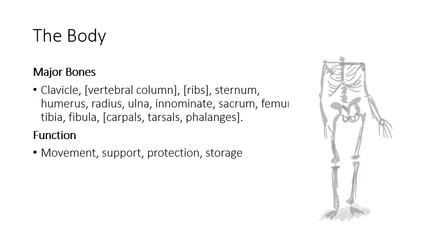The sternum, that's going to be more important. Humerus, radius, ulna, innominate bones, the sacrum, the femur, the tibia, fibula, where the carpals, tarsals, phalanges, and metatarsals and metacarpals are. As for function, again, this is pretty obvious: movement and support, protection, and also storage of really important stuff in our bones, for example, minerals.